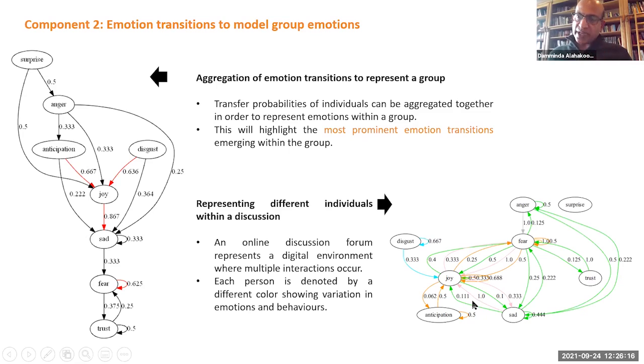And this has been quite useful to identify where in a conversation or in some kind of social situation, the part or the role that each individual plays from an emotional aspect.